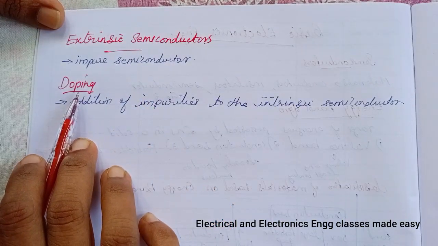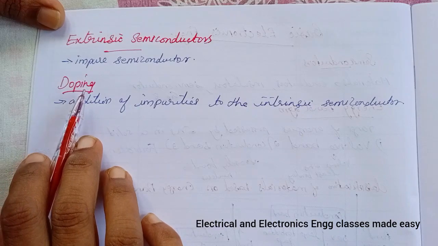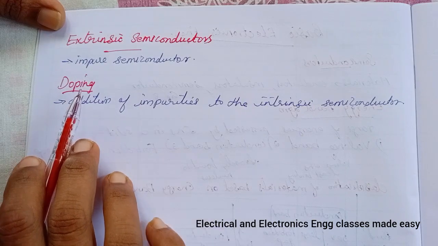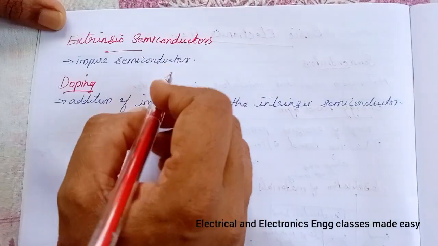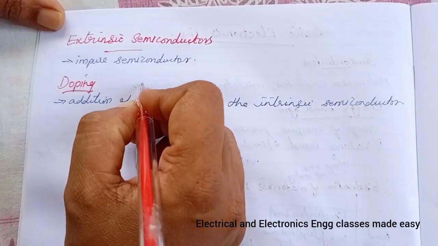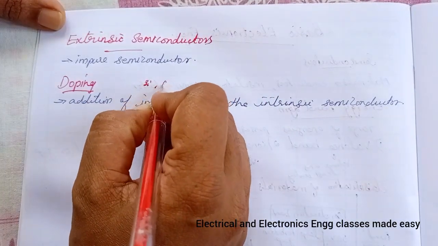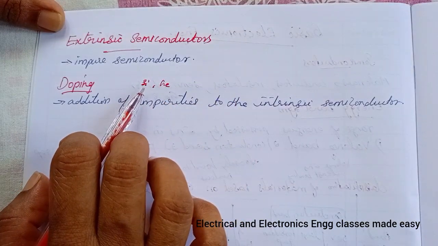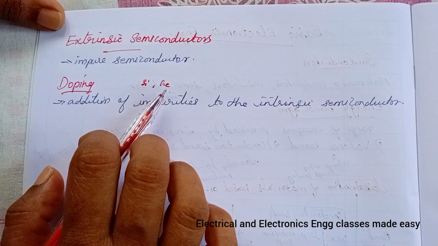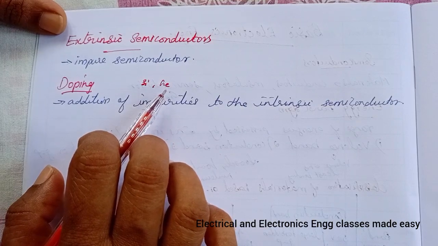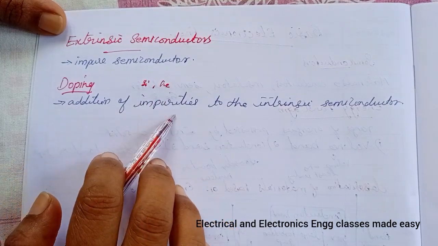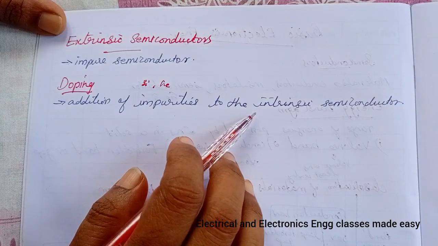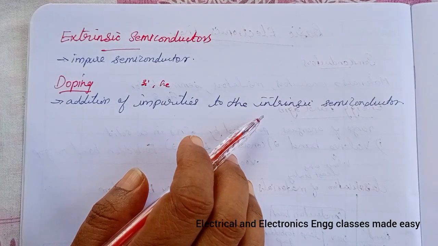Next we have to know about doping. Silicon and germanium are examples of semiconductors, and their conductivity can be increased by the controlled addition of impurities to the intrinsic semiconductor material.